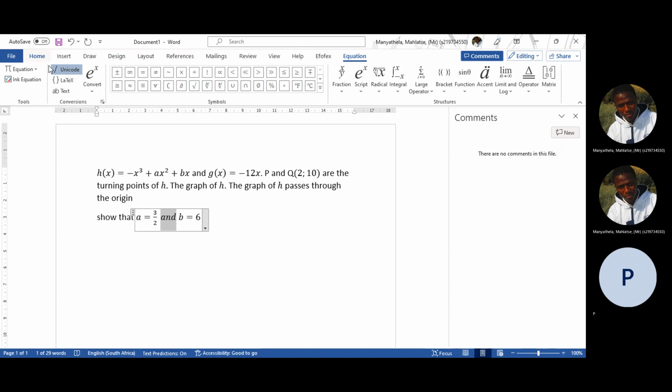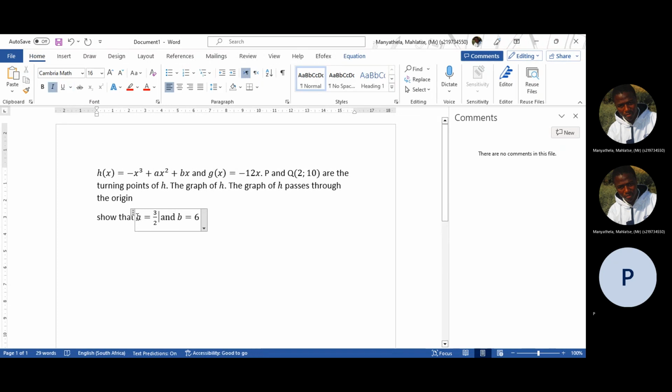Okay, let me expand this one so that it can be clearly visible. Show that A equal to 3 over 2 and B equal to 6. So let's look at what we're given. We're given the graph h of x equal to negative x cube plus ax squared plus bx. And the other thing that we're given is the graph of g of x, which equal to negative 12x.